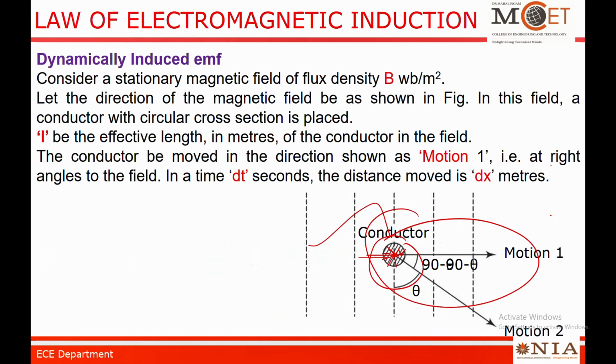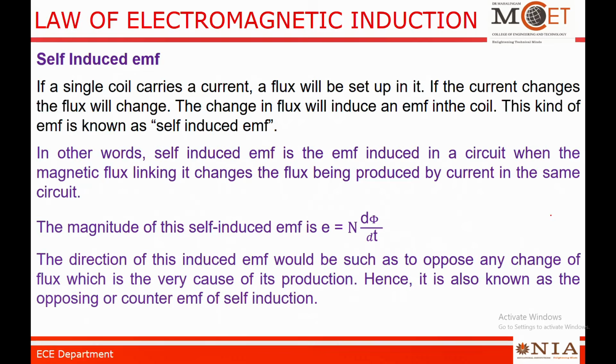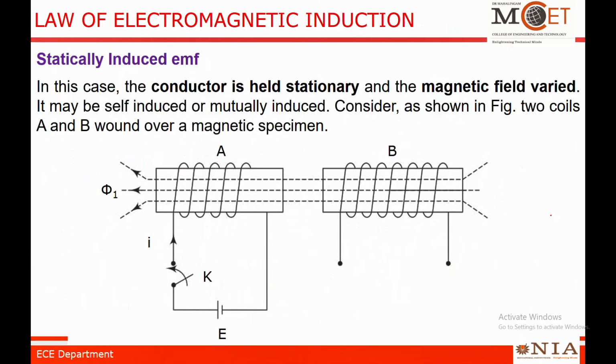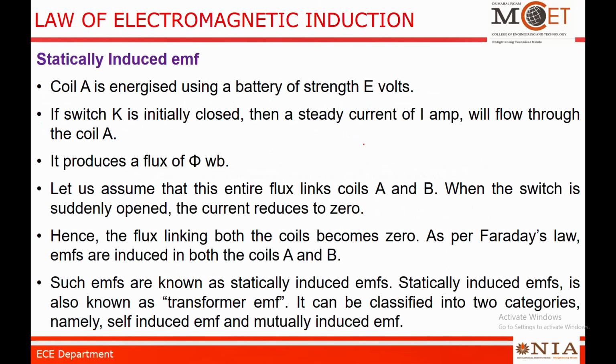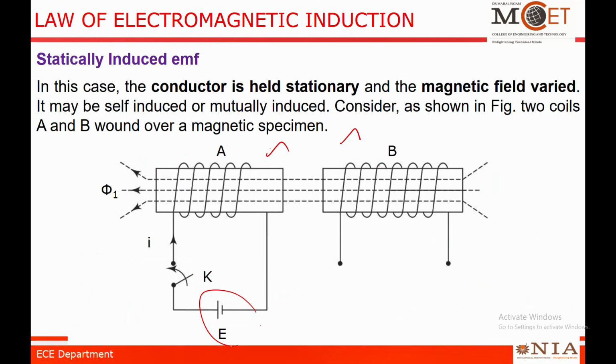In the statically induced EMF, the conductor is stationary whereas the magnetic field is varied. Suppose there are two coils, A and B. Coil A is energized using a battery.